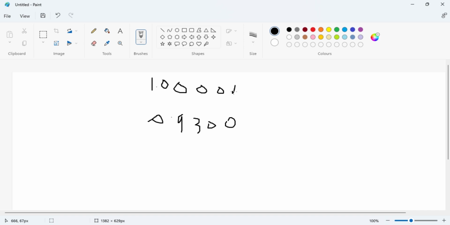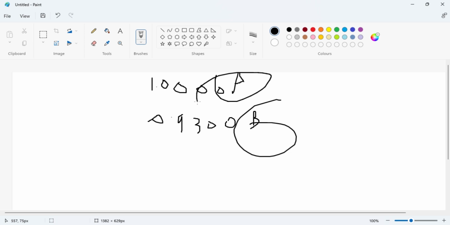So this is the ask price here, and then this is the bid price. If I minus the bid price from the ask price, whatever I get that is left, that is what is going to serve as my spread.